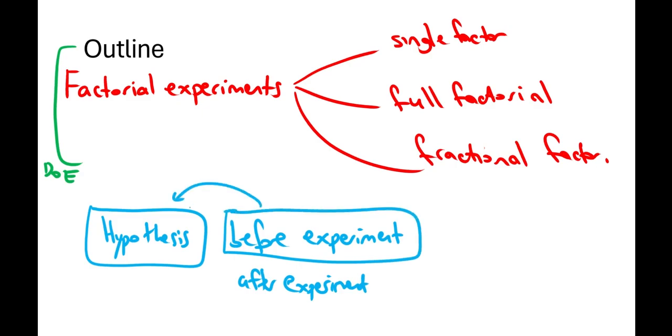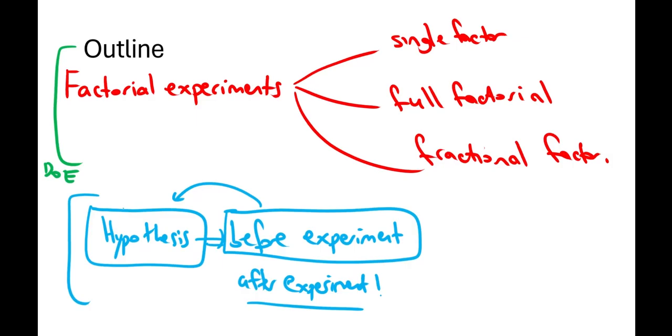So the hypothesis before the experiment, we check it after the experiment, if it is true or not. Should we accept the hypothesis before the experiment, or should we reject it? This will be the second part of today's lecture.